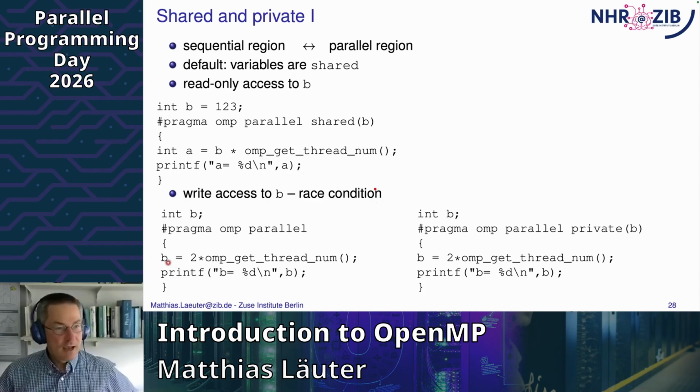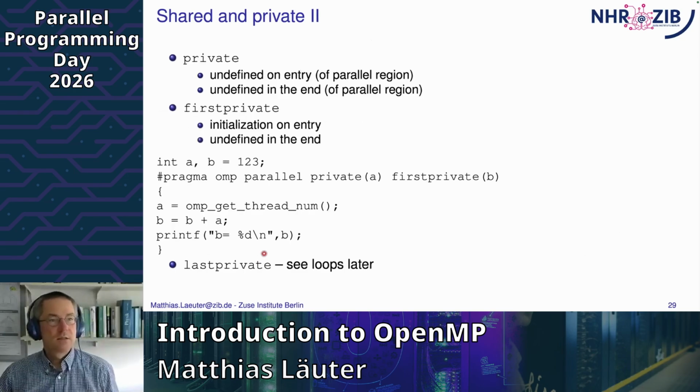If we write some data to a shared variable, this is the wrong way. And if you start your code twice, the result might be different. Okay, so private and shared is one possibility to control this. You can tell each variable to be private or shared.